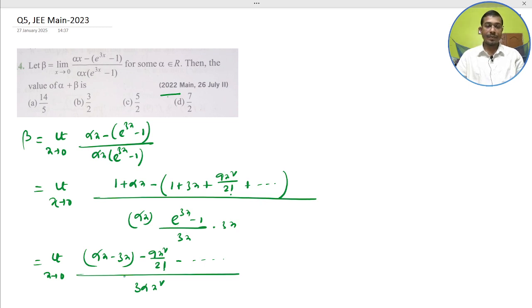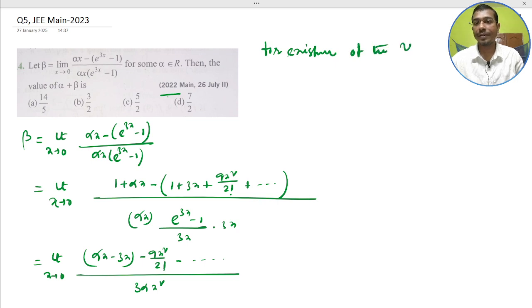So in this limit, for the existence of the limit, the numerator should be 0, and otherwise it would be 0 by 0 form.